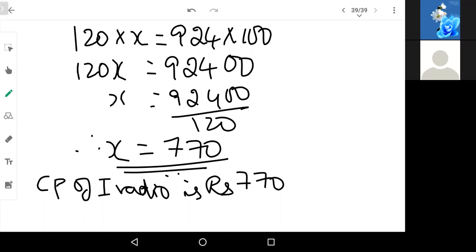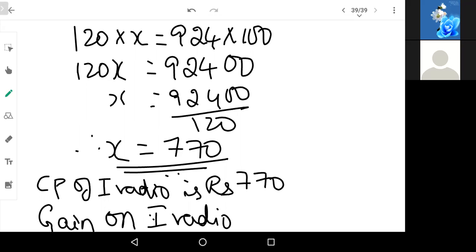Okay, now let us find out what profit he has made. We know the percentage, but we do not know the amount. So let us see the amount. Gain on first radio. What was the selling price? 924 minus the cost price, 770, is equal to the profit that he has made in rupees, 154.